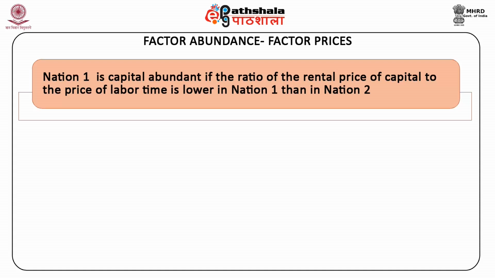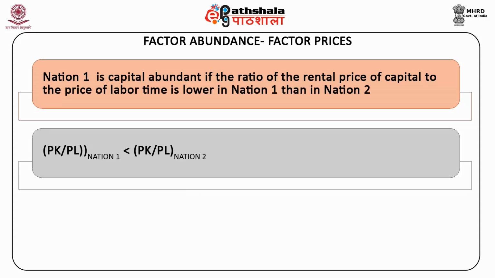Since the rental price of capital is usually taken to be the interest rate, that is, R, while the price of labor time is the wage rate, that is, W, then Pk by Pl equals R by W. Then Pk by Pl for nation 1 is less than Pk by Pl for nation 2.